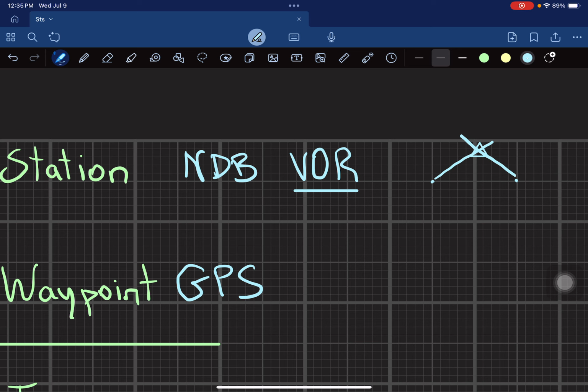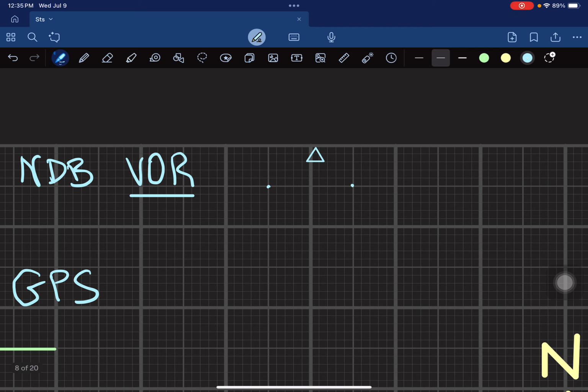Another possibility is to use the VOR and DME, by measuring the distance from the station to a point over its radial. DME stands for distance measuring equipment.